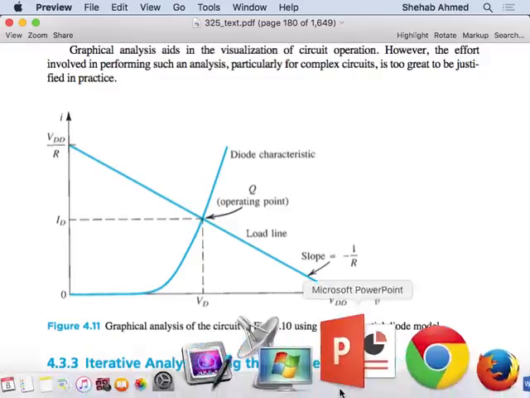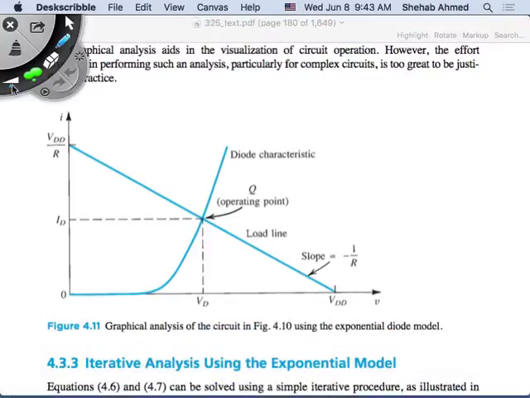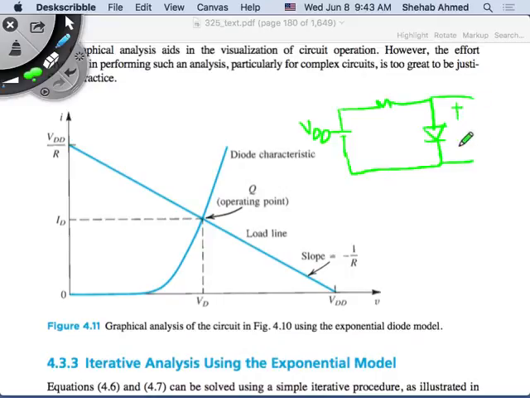So let's say you have a power supply here, VDD, and you have a resistor here, and you have a diode here, and you want a certain voltage across here to be able to put a certain load here. You want to make sure that this voltage is a specific value, right? To ensure that, you have to know what is the specific value of VD across, and what value of resistor do I put here, right?